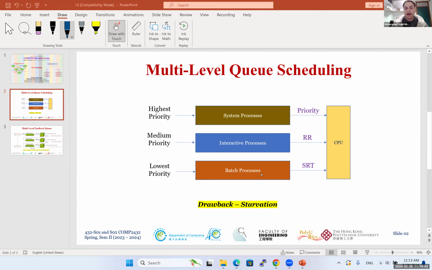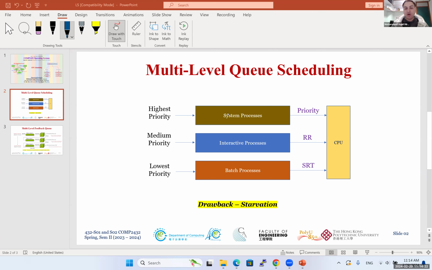So what is the drawback of these multi-level queue scheduling? The drawback for this multi-level queue scheduling is again starvation. Suppose if you have a lot of processes that is in the system process, then all the processes will get executed here.